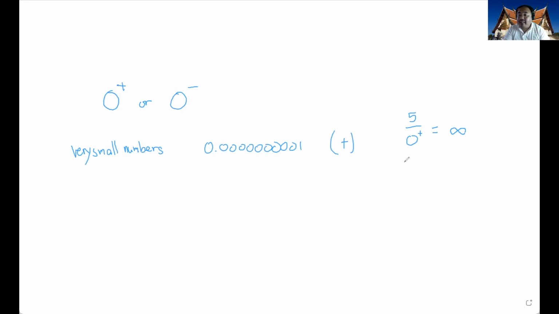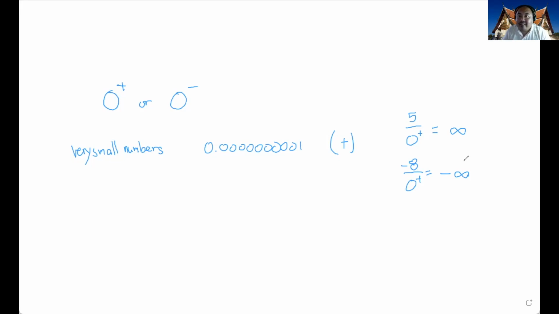However, if you have a negative number, say negative 8, and you divide that by a very small but nonetheless positive number, you will get this time a very large negative number. You can use your scientific calculator right now to confirm our results. Will dividing 5 by this very small number that has 9 leading zeros result in positive infinity?